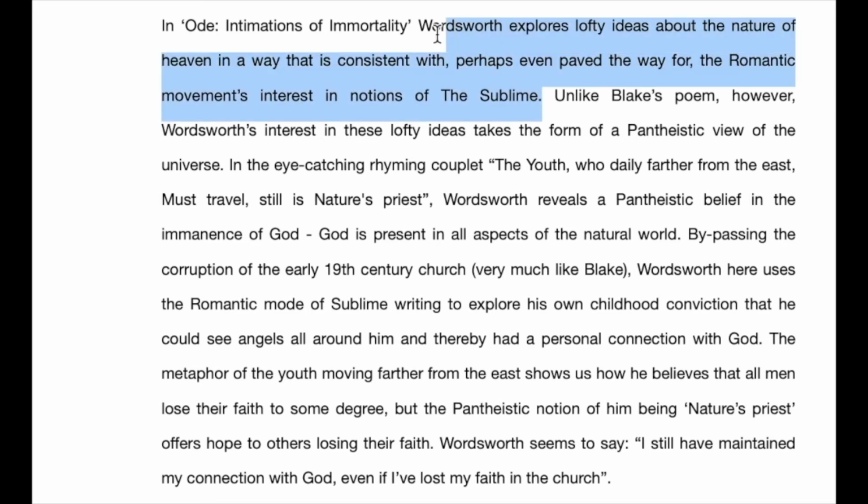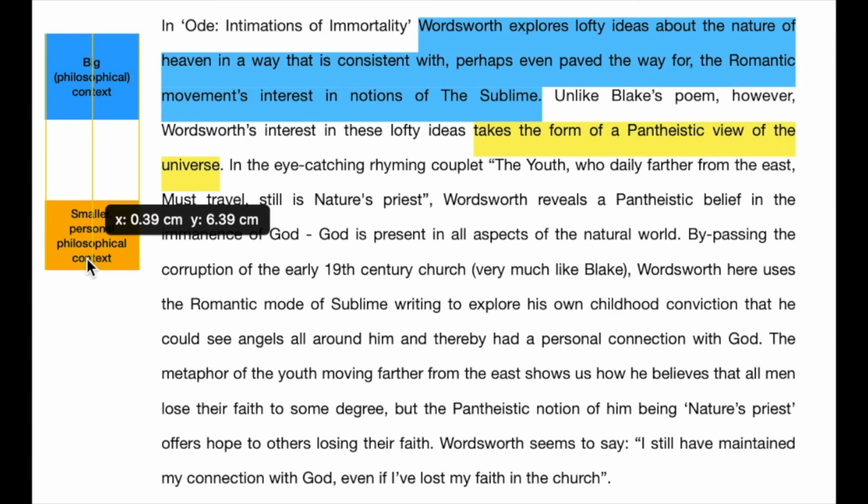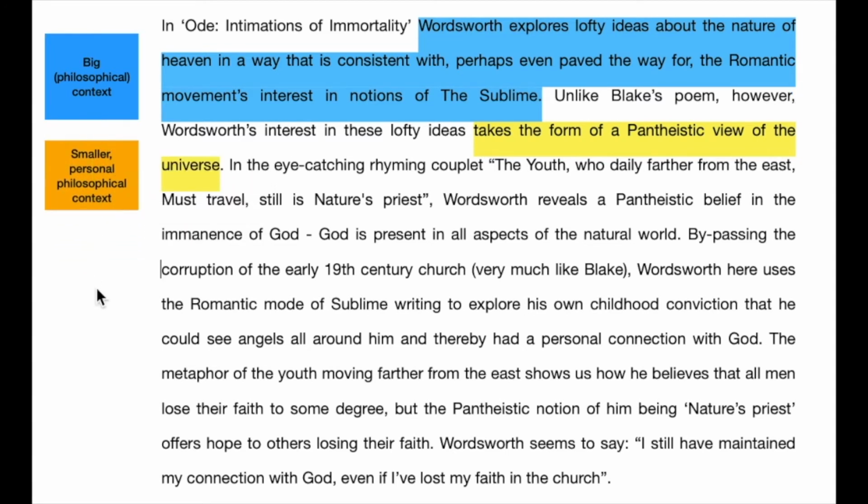What you can see here is that the writer has moved from the big context, that is the context of the Romantic movement's interest in notions of the sublime. That's big, that's a philosophical idea that the whole movement was really interested in. So this answer moves from that to something smaller, more personal, which is Wordsworth's take on that philosophy, his pantheistic view of the universe.